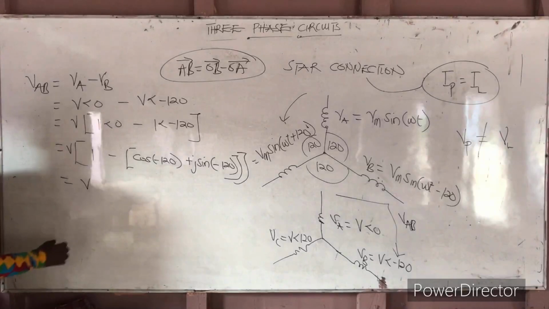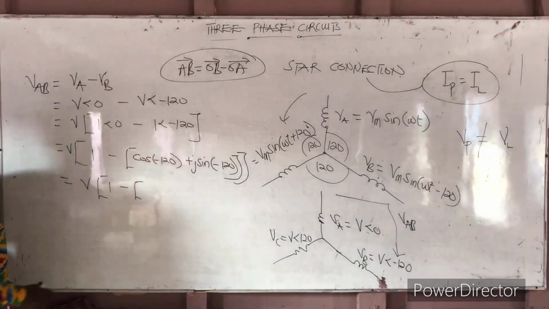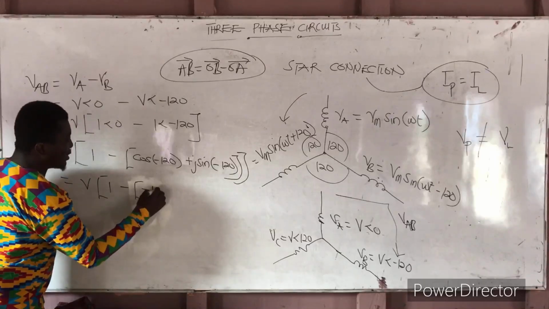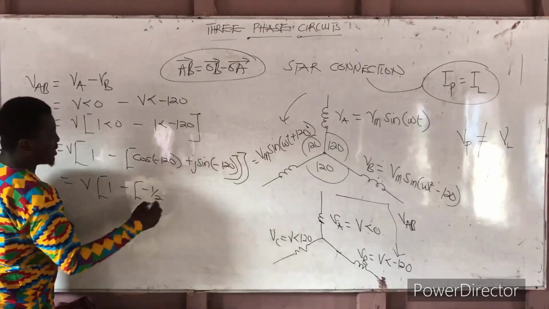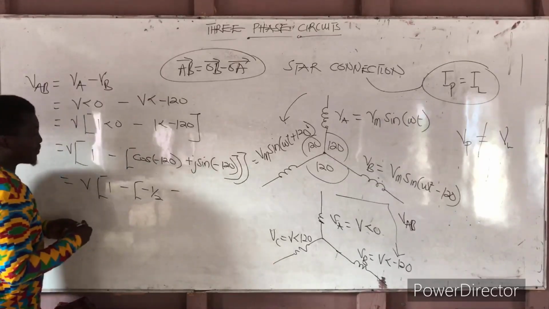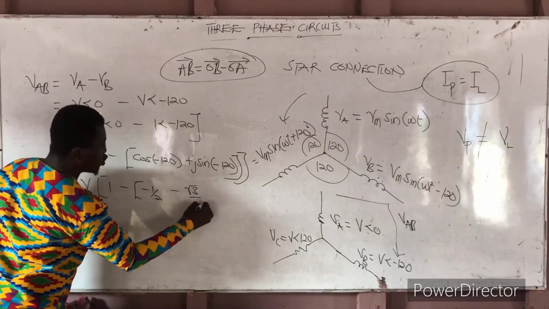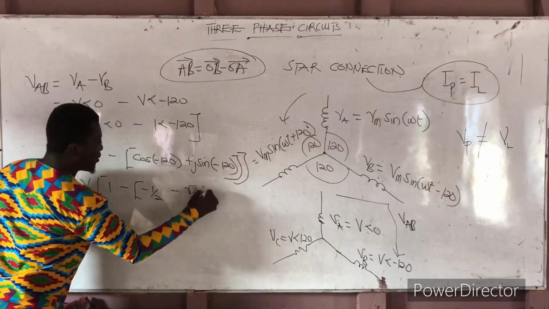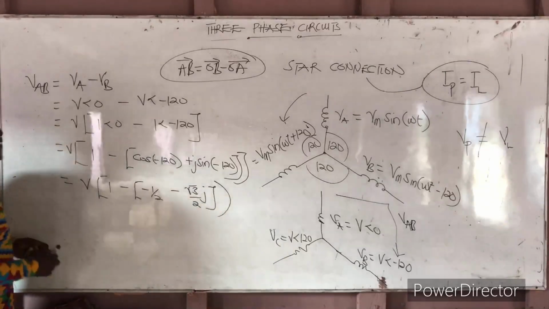You have V, and this is going to give you 1 minus cos of 120, which is negative 1 over 2. And sine of minus 120 is minus root of 3 over 2, times J. Now remember, this minus affects everything there.